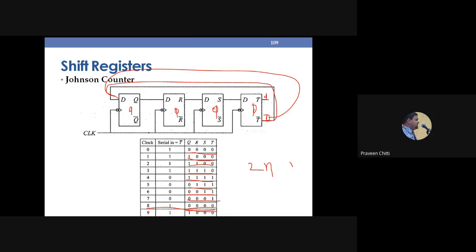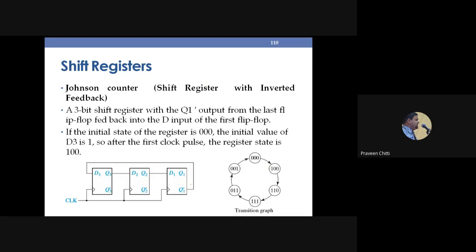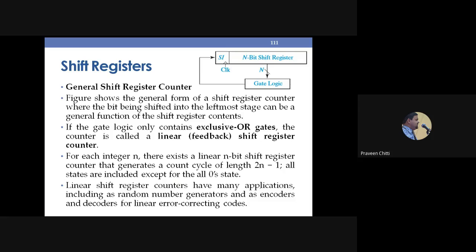Hence this shift register, the Johnson counter, is also called a mod 2n counter. Sometimes they will ask the question, justify how the Johnson counter is called a mod 2n counter, so you should be able to do that. That is about the Johnson counter, and this is what is shown here with the help of the transition graph.